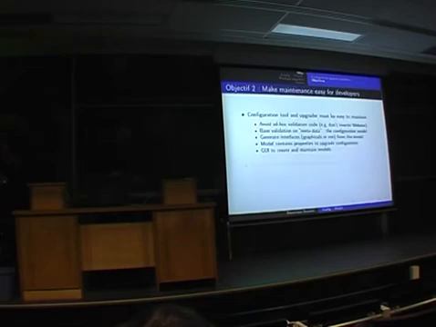Second objective, do not put all the work of the developers on the package maintainer. See, the configuration tool and the upgrade mechanism must be easy to maintain in order for the developers to adopt them. So I want to avoid dedicated validation code.